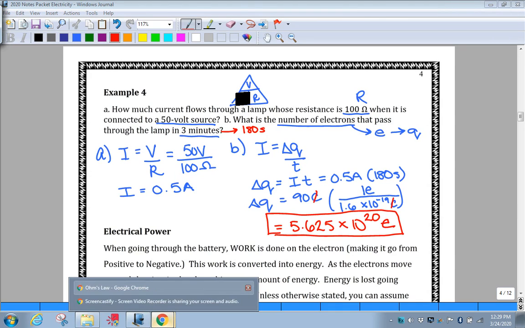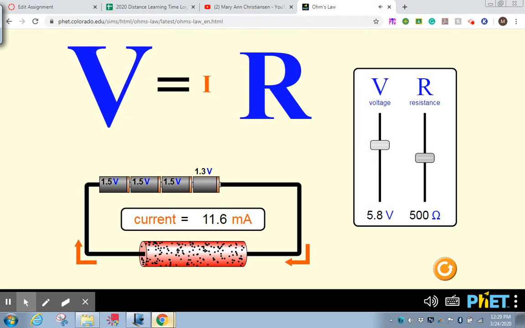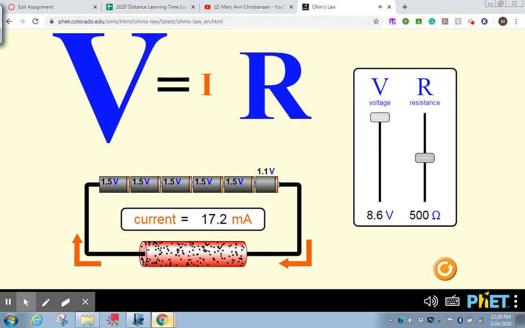I've also embedded into your lesson for today this PhET simulation, and you can see, if I vary the voltage or the resistance, what is going to happen to current, and that's depicted down here in this drawing. So let's say I go from 4.5 and I double the voltage.